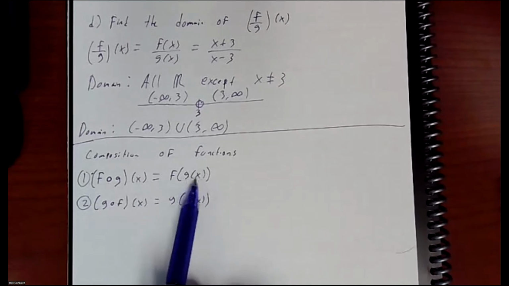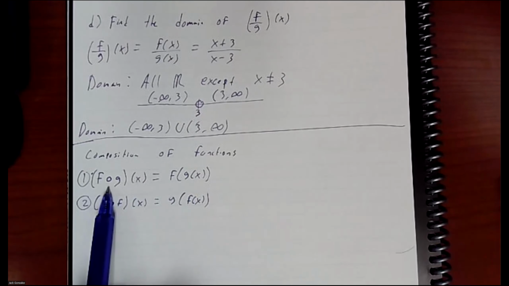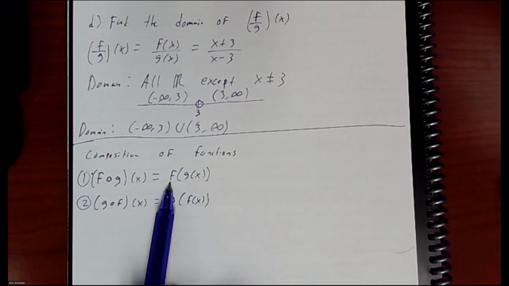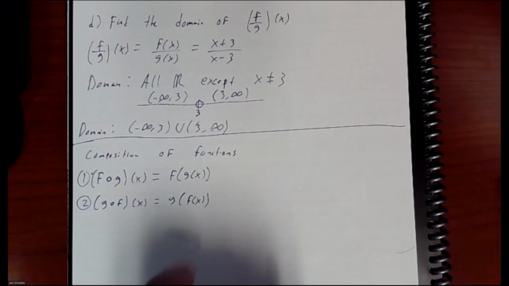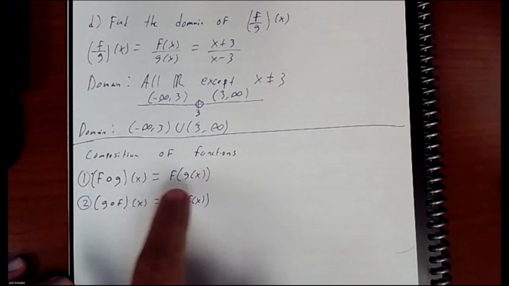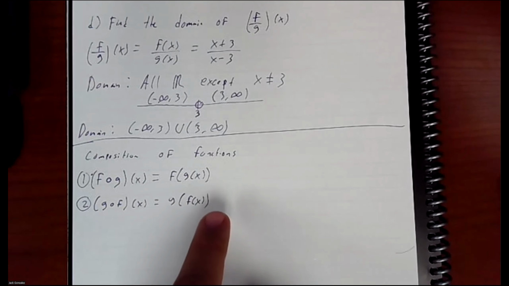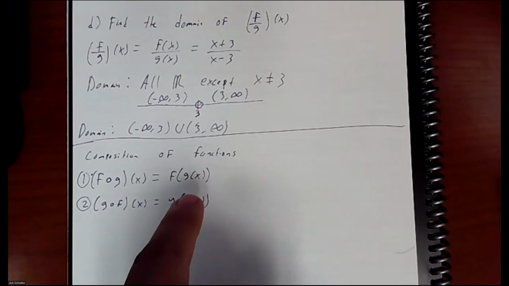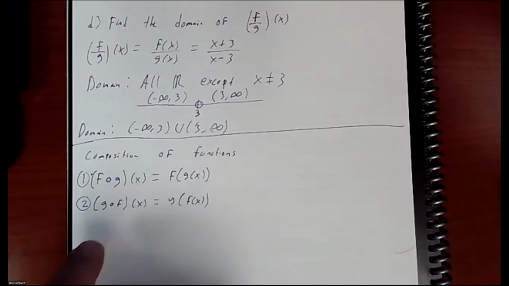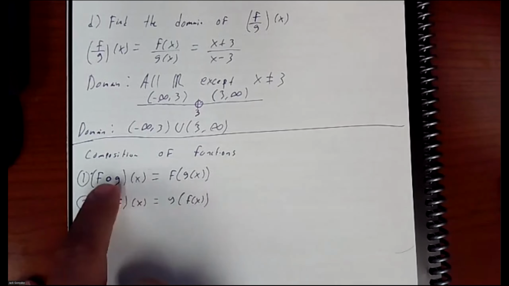So you look at the inside and see, okay, what are the restrictions on g? Because those restrictions will carry on to the composition. So f of g will be dictated by g, but then if you result in a new restriction once you do the algebra, then you'll have to take those into account. So you take into account the restrictions of g and the restrictions of f of g. That's how you find the domain of number one of this.